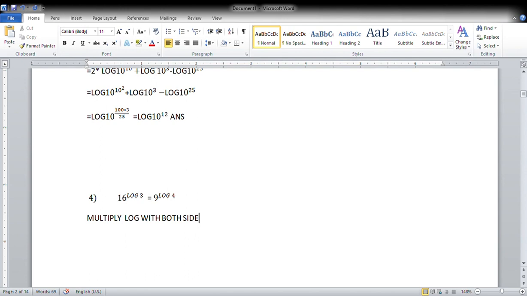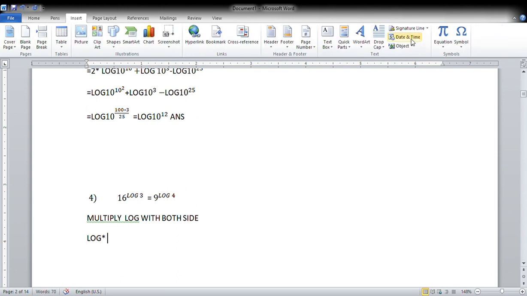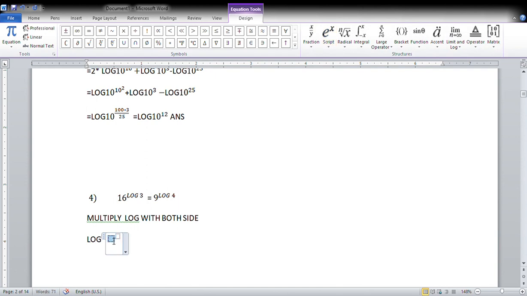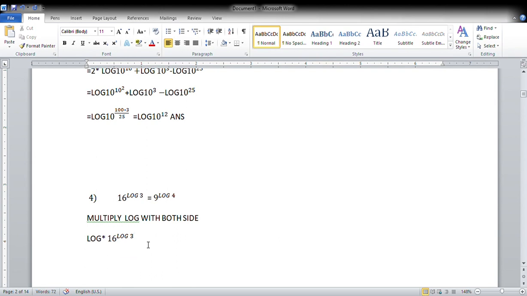So you can write simply log 16 log 3, again you have to come to that side, 16 log 3 log 3 is equal to, again log, this is also log, multiply 9, right?